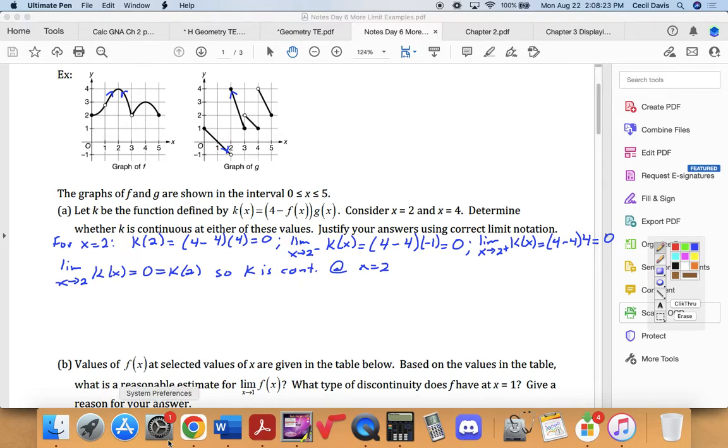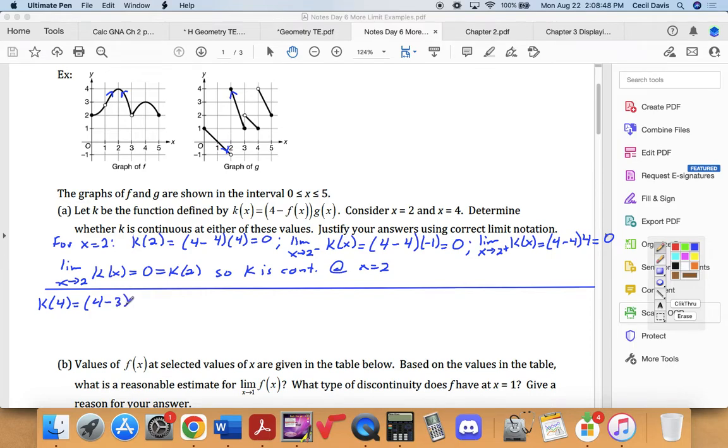All right, let's see what happens at x equals 4. So I'll find k of 4. k of 4 is going to be 4 minus, what is f at 4 equal to? 3 times g at 4.